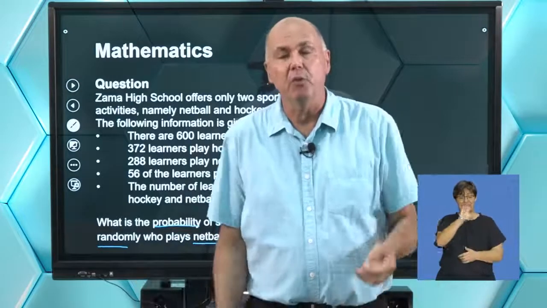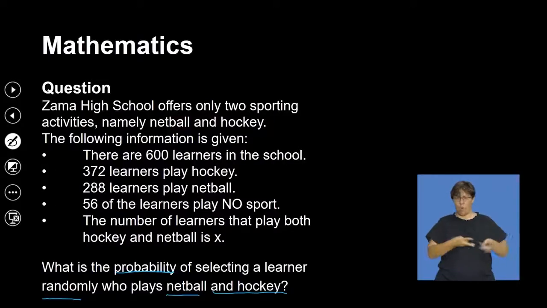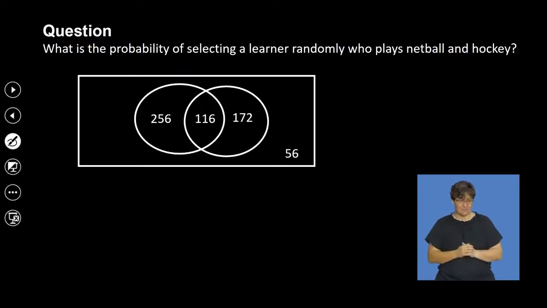So imagine we've got 600 learners and we want to know what the probability is. There's more than one way of doing this. So let's go and see how we can do it. And it's often useful to compare the ways of doing it. So given the Venn diagram here, and given the situation that we've got, we can recognize the probability of choosing the hockey and the netball, the intersection of those two.